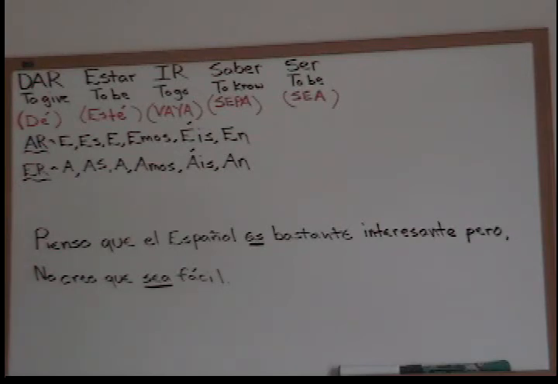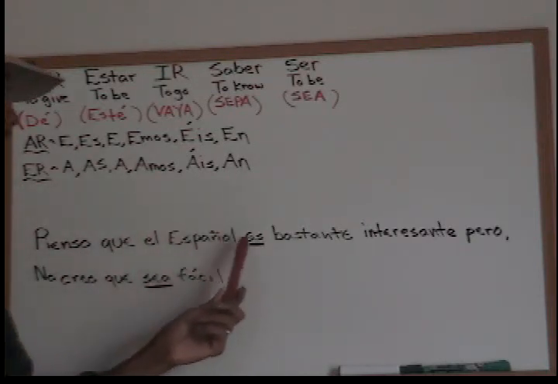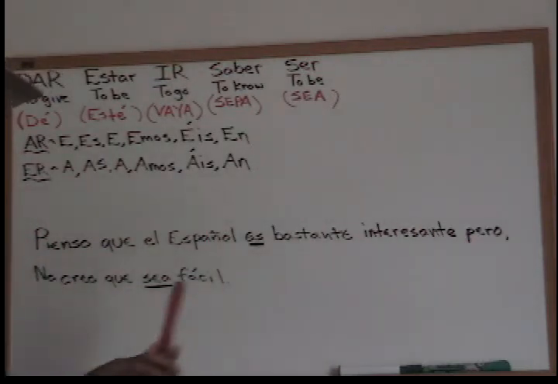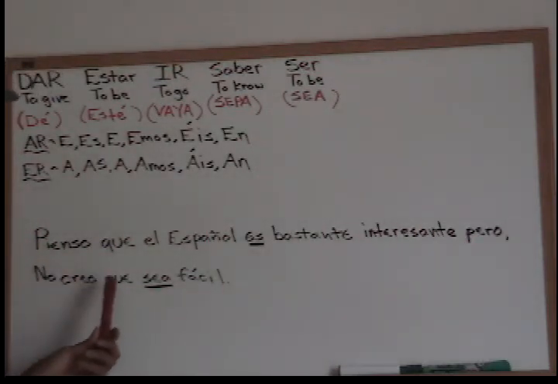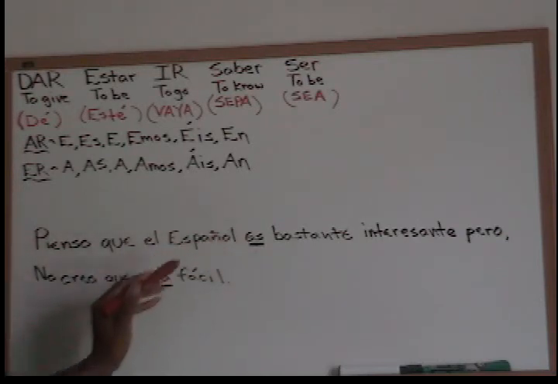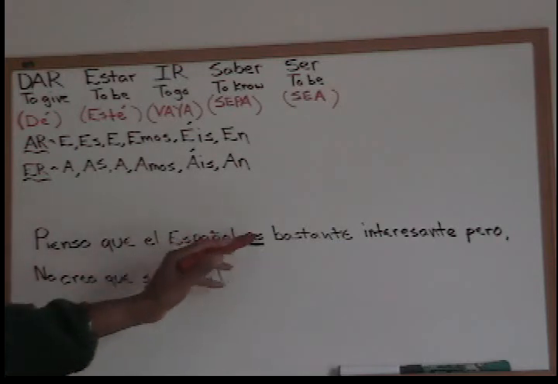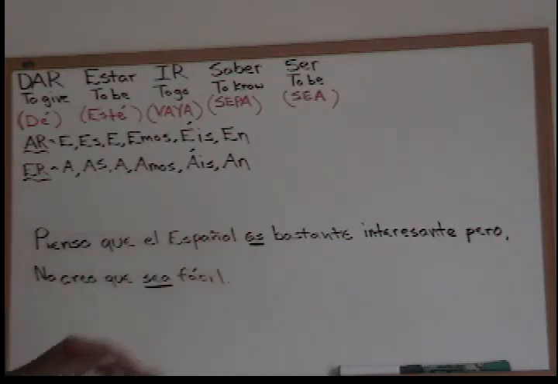And I have made an example sentence here. For example, we have "pienso que el español es bastante interesante, pero no creo que sea fácil." Okay, as you can see, both of these words, es and sea, mean "to be."